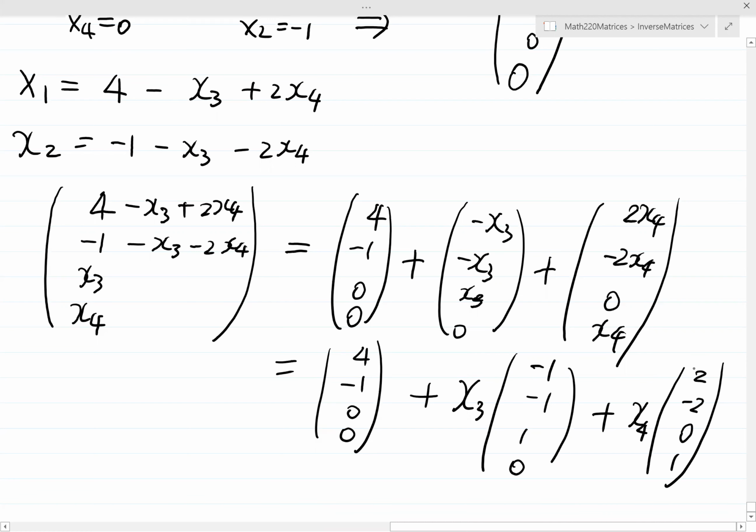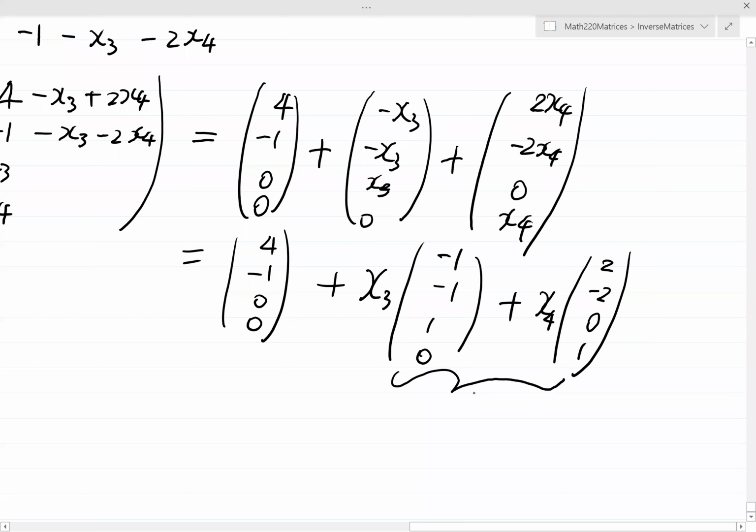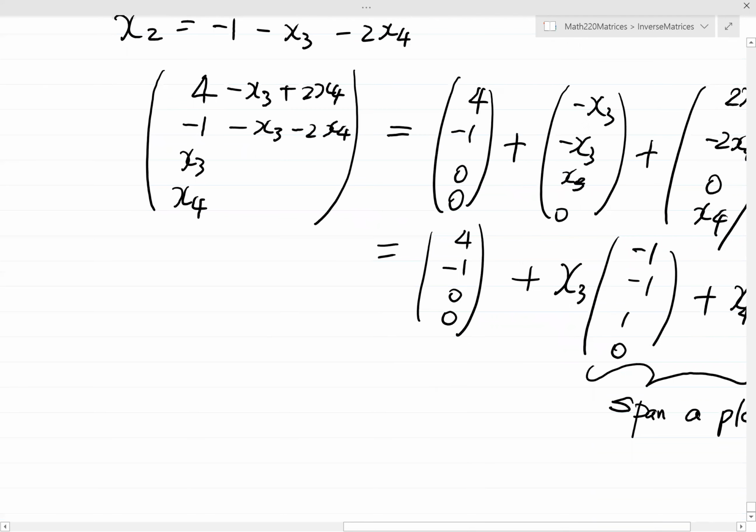The general solution is a linear combination of these 2 vectors. They span a plane, dimension 2. So in this case, the general solution is a plane.